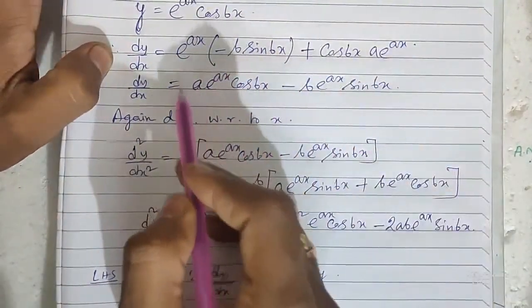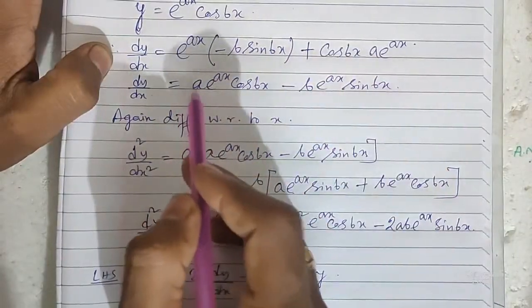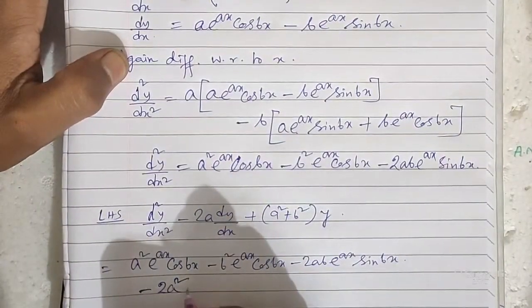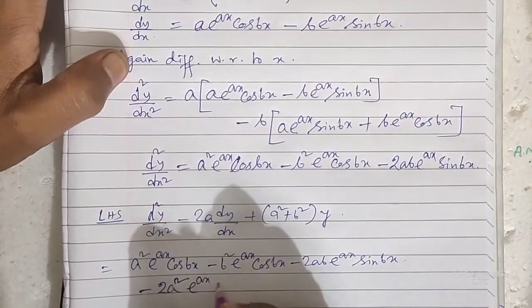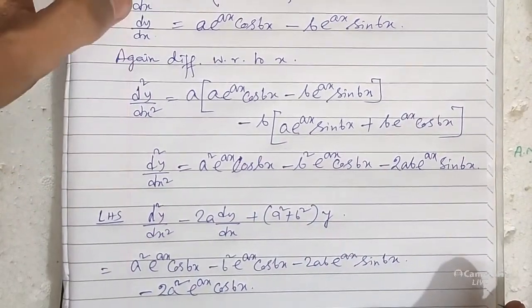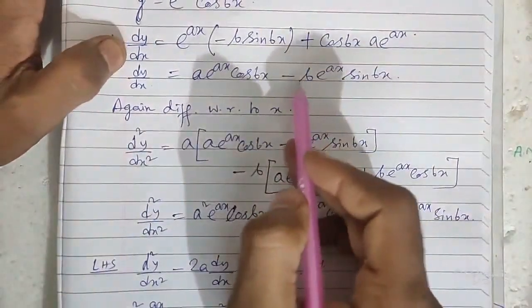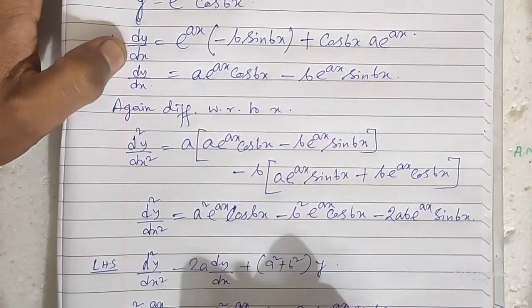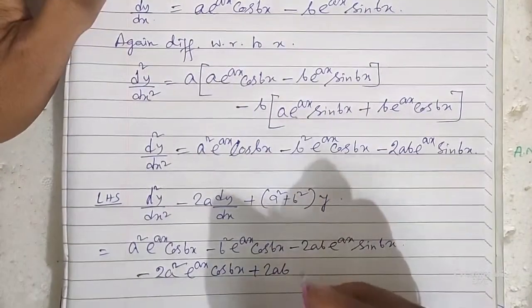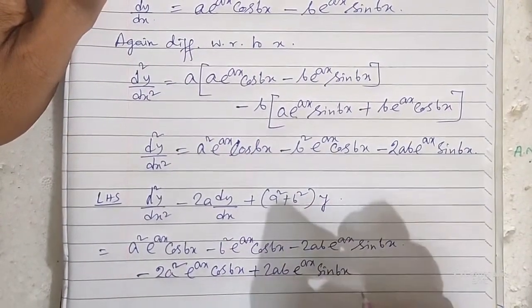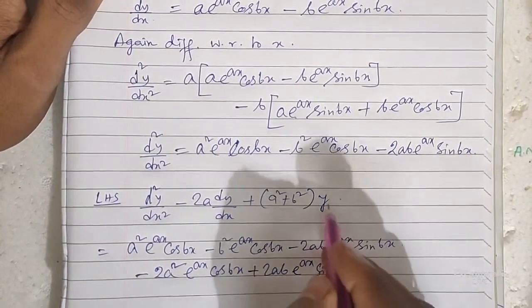So if I am multiplying 2a with this, here I am getting 2a square e to the power ax cos bx, and here also I have to multiply minus 2a, so plus 2ab e to the power ax sin bx, plus y.